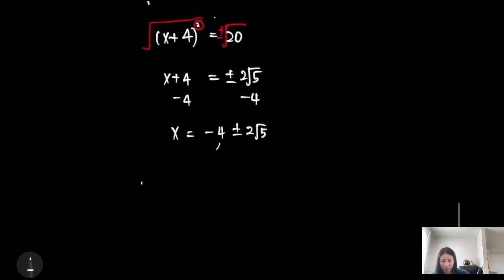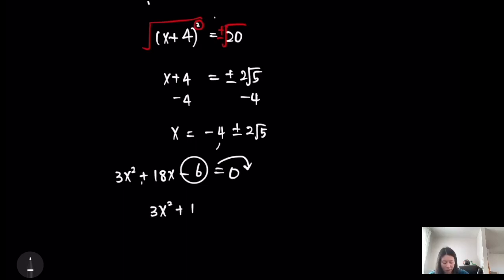I have 3x squared plus 18x minus 6 equals 0. We don't care about the constant term, so I can move that to the other side of the equation. So I got 3x squared plus 18x equals 6.